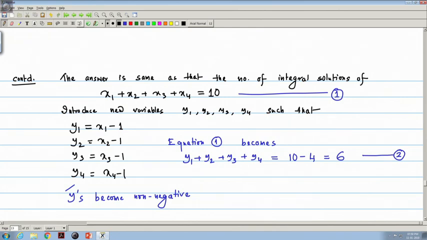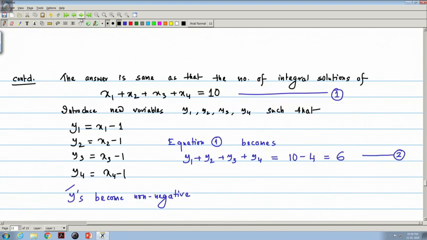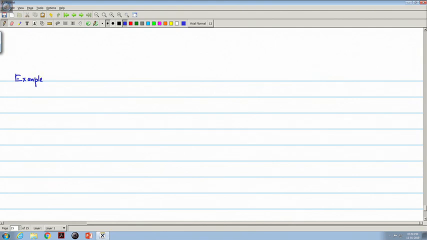Initially it was only given as a combination statement, but we converted the problem statement into finding the number of integral solutions of an equation. Now I give a different problem, another example, with a different solution procedure.